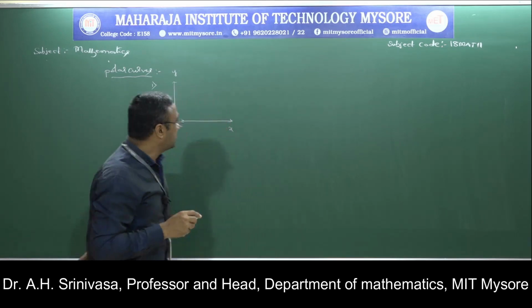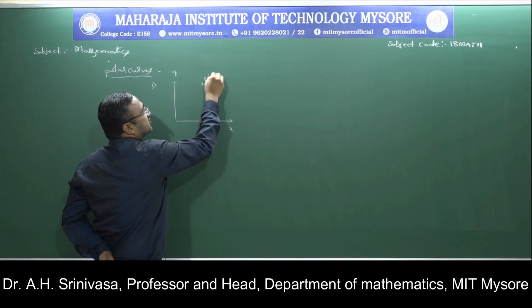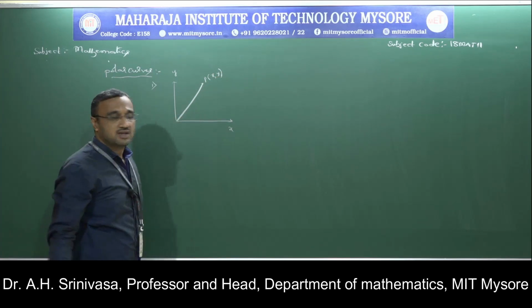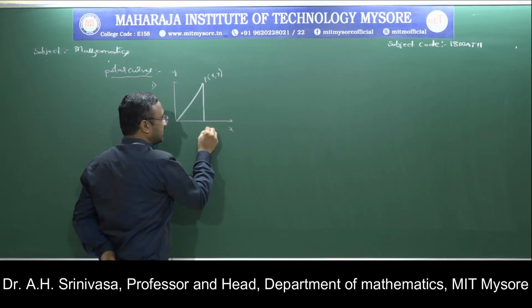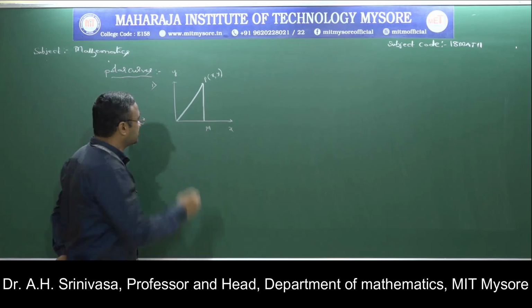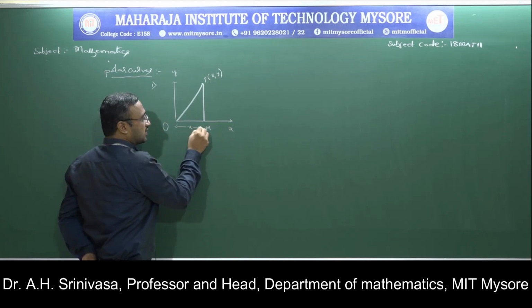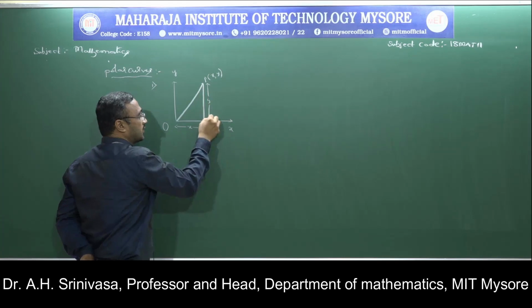If you make polar coordinates, you mark a point P of x comma y. If you join the origin and draw a perpendicular line, we call the foot M. From the origin, in Cartesian coordinates, the distance is x and the other distance is y.